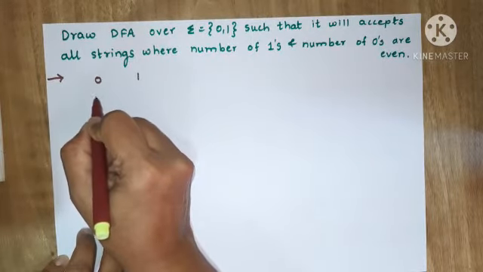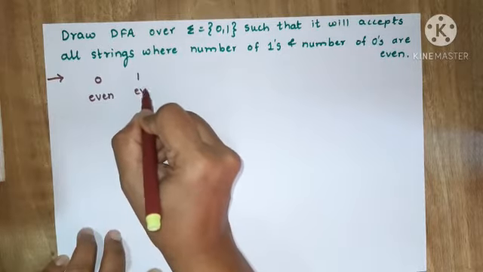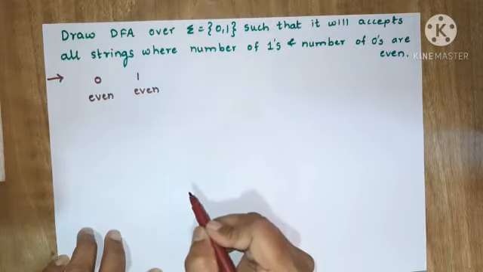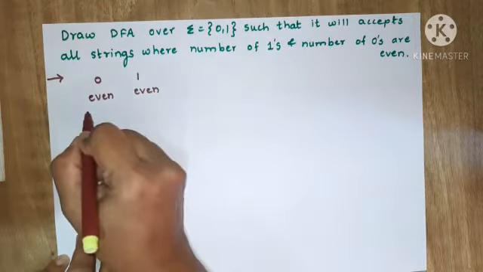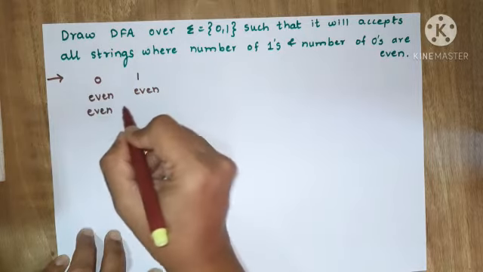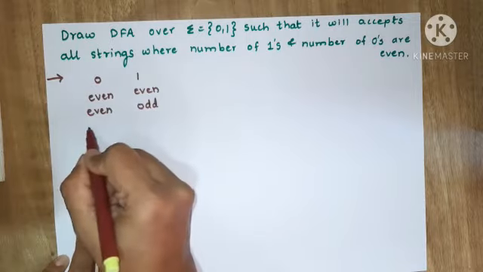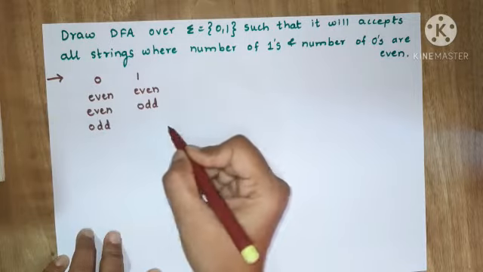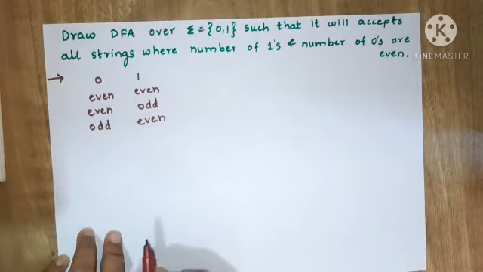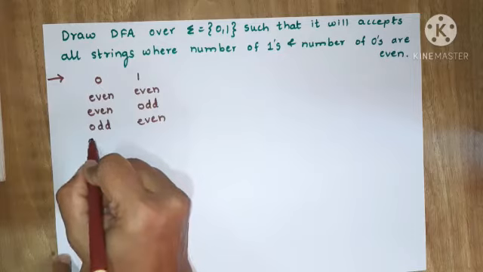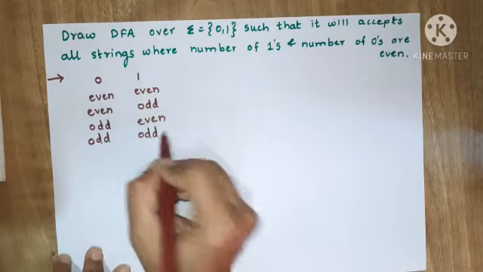You can have even number of zeros and even number of ones, or even number of zeros and odd number of ones, or odd number of zeros and even number of ones, or odd number of zeros and odd number of ones.